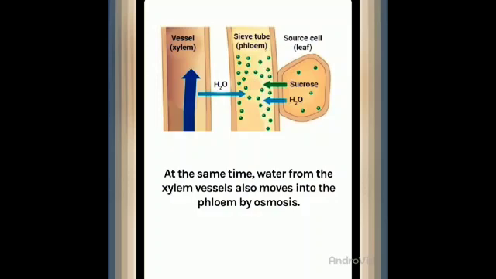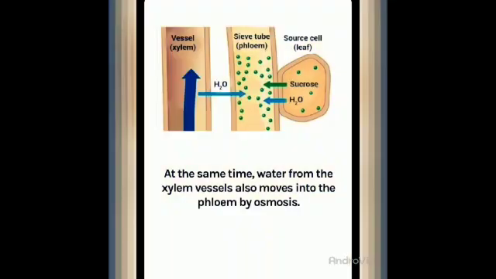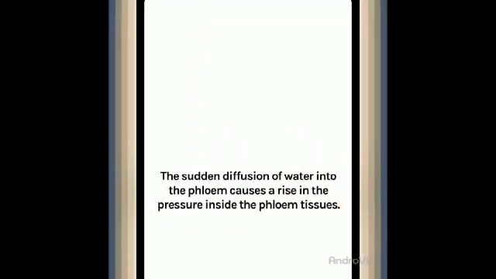So at the same time, water from the xylem vessels also moves into the phloem by osmosis to fulfill the water molecule concentration, the water scarcity, right? To fulfill this demand of water molecules in sieve tubes, water also gets accumulated from the xylem vessels into the sieve tube.